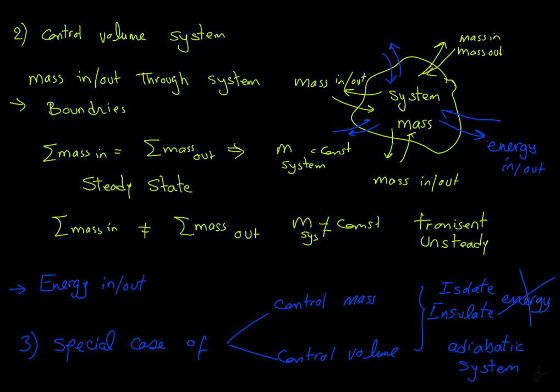And the special case of these two systems is called the adiabatic system, or insulated or isolated system, where we restrict energy as well from going through the boundary of either the control mass system or the control volume system. I hope that explained well the definition of a system and the different types of system.